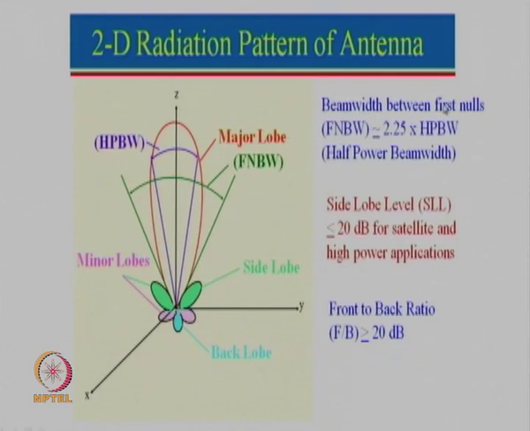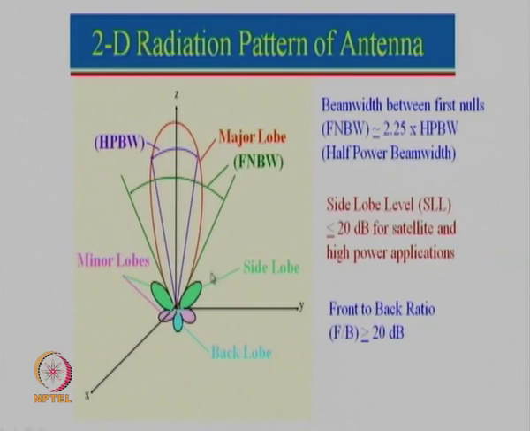In fact, beam width between first nulls is approximately given by 2.25 times half power beam width. Well, many books write an even further approximation which is 2 times half power beam width, but I have checked with many antennas, and we have found that this relation is actually better than using 2 times this one here.